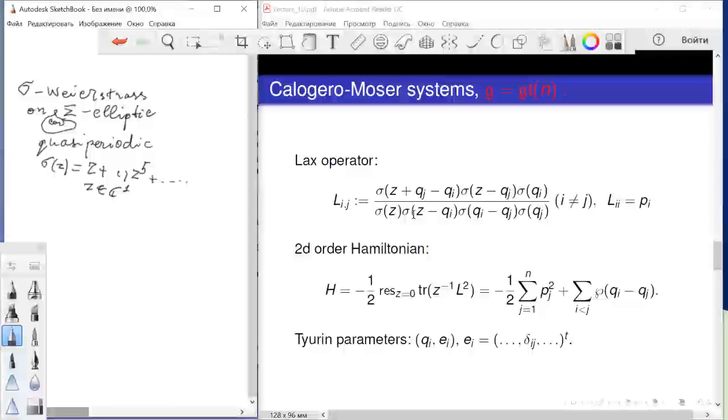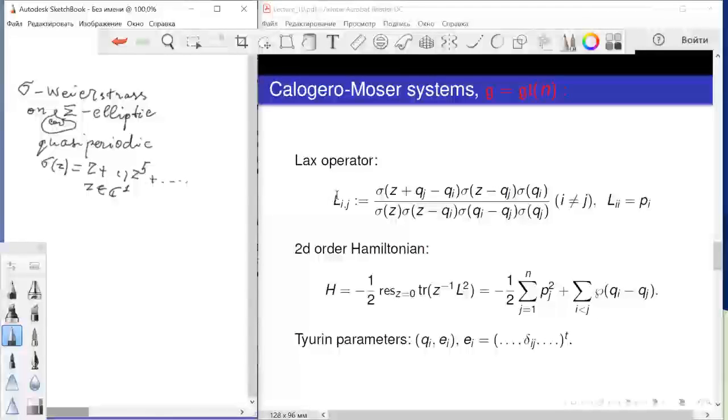Okay, on the diagonal we put pi, which we regard as the momenta of our system, while qi we regard as coordinates of the system.